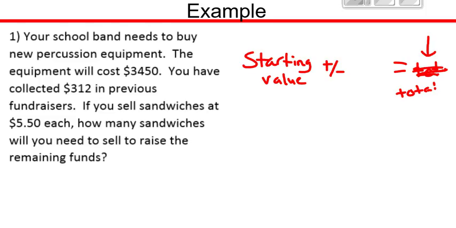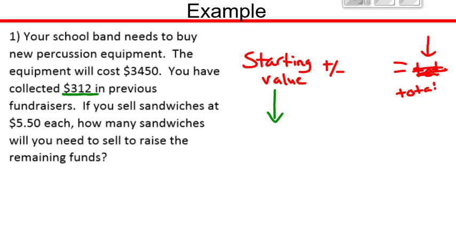So I'm going to go through my problem and see what did I start with. My school band needs to buy new percussion instruments. The equipment will cost $3,450. You have collected $312 in previous fundraisers.